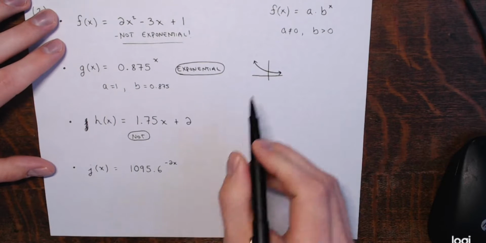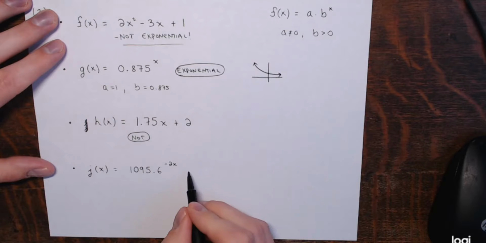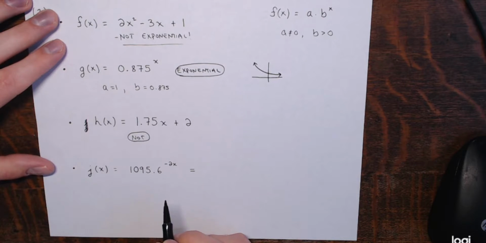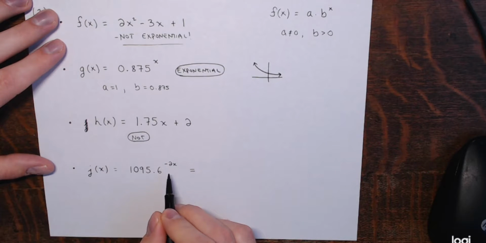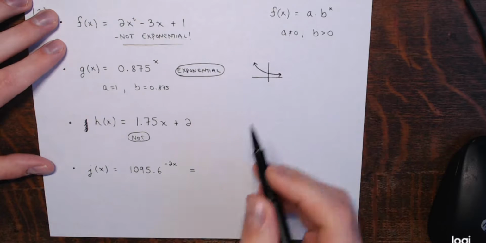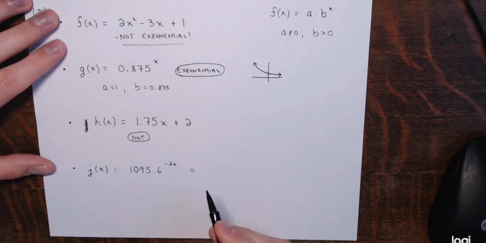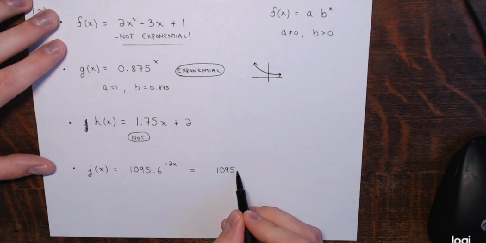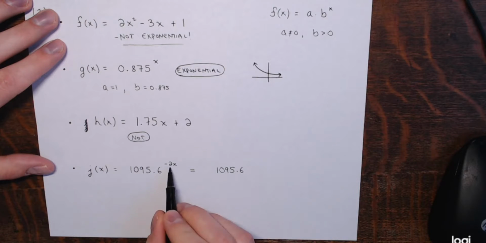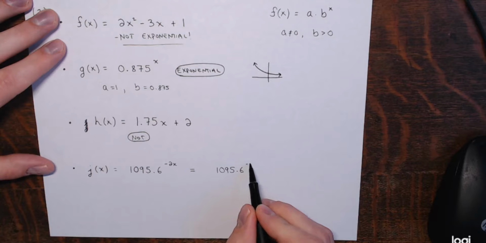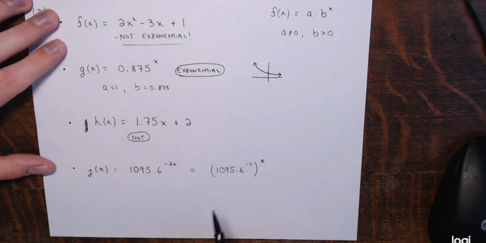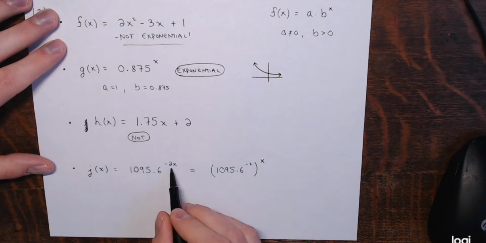It doesn't look like this form yet, but as I did with an earlier example, we can use some properties of exponents to write this as that exponential form. This is 1095.6, and then to the negative 2x power is to the negative 2 to the x, right? Power to a power, you would multiply those, get the negative 2x power.